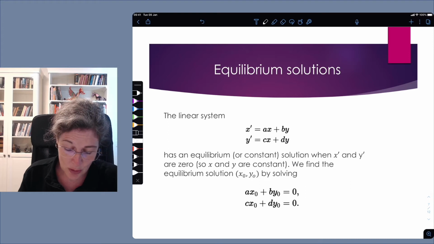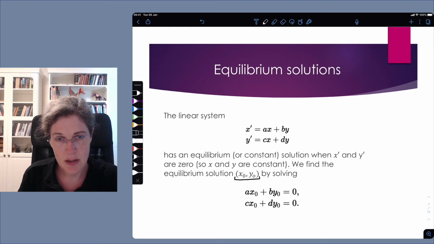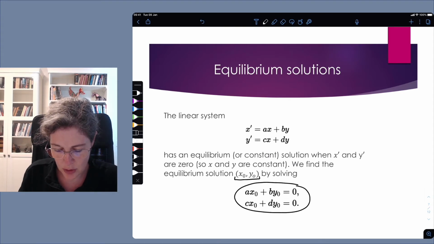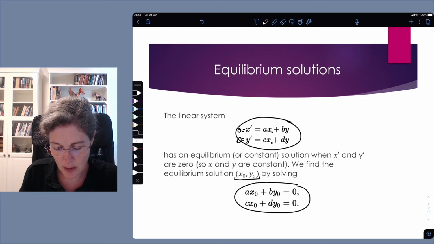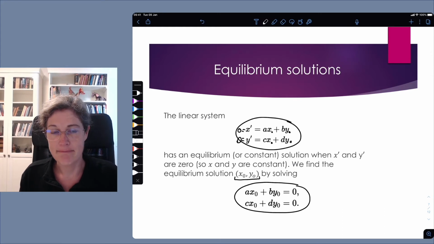So one thing you could do is find this equilibrium solution, which we generally denote x naught, y naught, to mean specific constants, x and y, that are not changing. You just solve this equation over here, except now your derivatives are equal to zero. And we're looking for specific values for x and y. That is a straightforward system of linear equations that you know very well how to solve. So there you go. System of linear differential equations, first solution done.